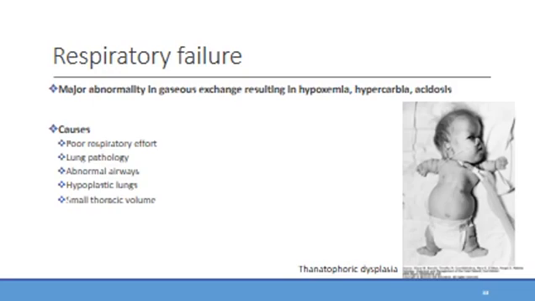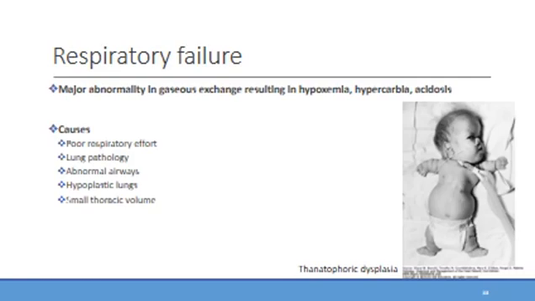Abnormal airways, such as with infections or obstruction of the airways through meconium or pneumothorax, can lead to failure. Hypoplastic lungs, again we've discussed hypoplastic lungs associated with diaphragmatic hernia or prolonged rupture of membranes, might not be able to sustain the body processes and might be incompatible with life.